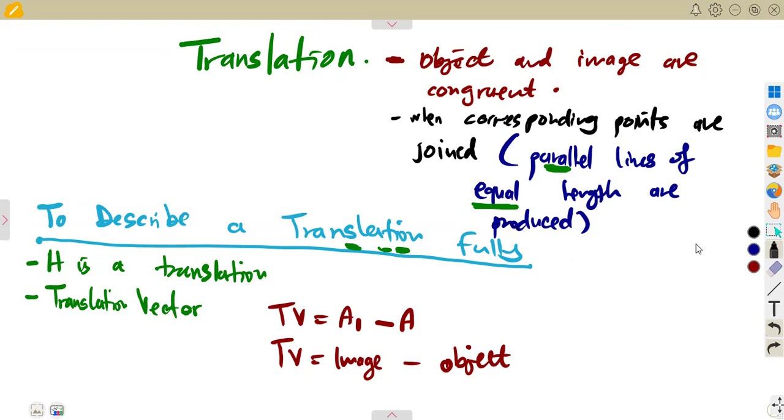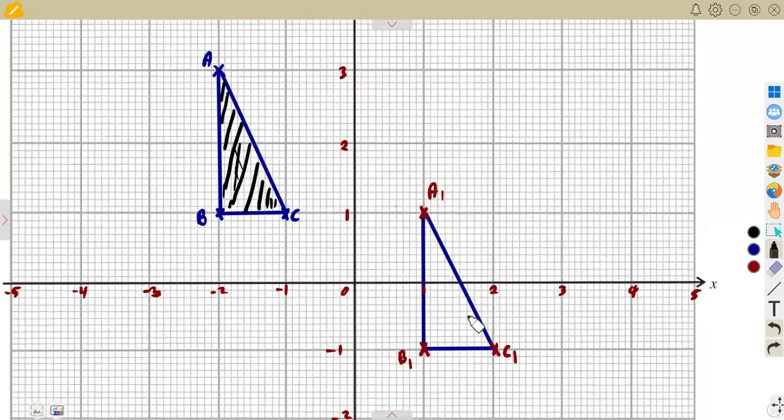That is where we can conclude. But for now, at this point, there are 3 answers that I'm expecting here. By just being congruent like this, there are 3 answers. What is it? Translation. Don't conclude this. There are 3. Translation, reflection.